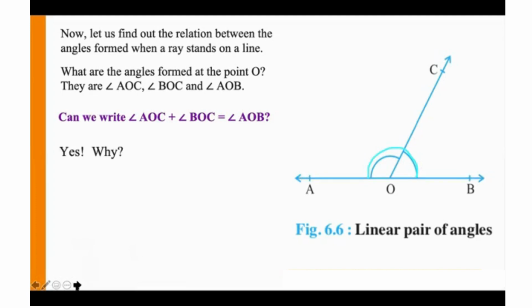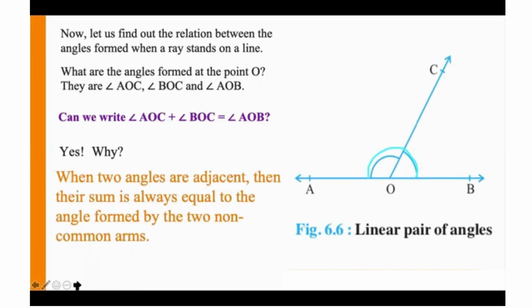Why? We have learned that when two angles are adjacent, their sum is equal to the angle formed by the non-common arms. You can see the angle formed by the non-common arms, which are arms OA and OB, is the straight angle. So angle AOC plus angle BOC is equal to angle AOB.